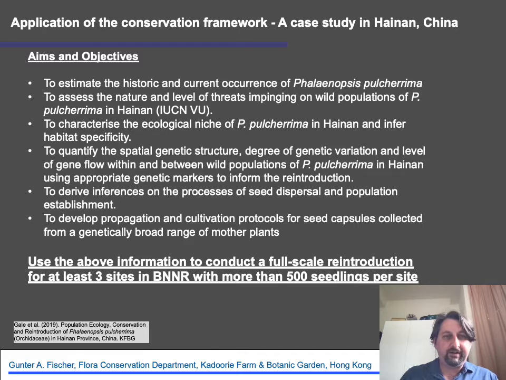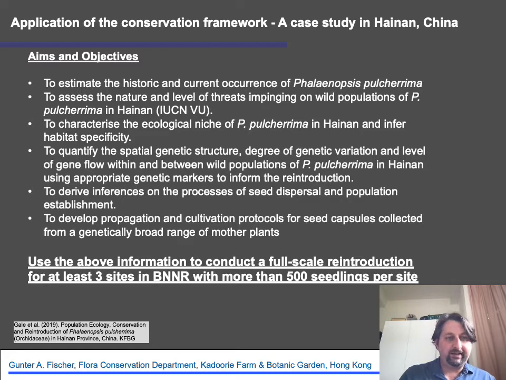We tried to characterize the ecological niche in Hainan and inferred the habitat specificity. And to quantify the spatial genetic structure, degree of genetic variation, and level of gene flow within and between wild populations, a genetic marker-based study was started to inform the reintroduction program, and to derive inference on the process of seed dispersal and population establishment.